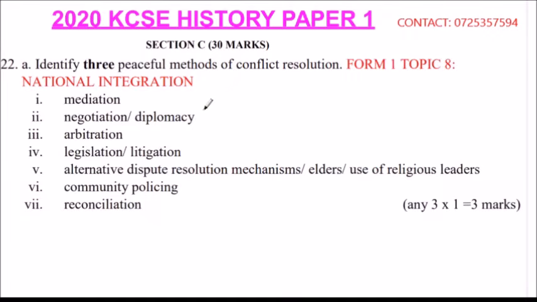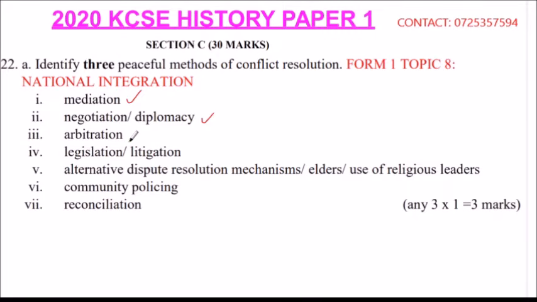So we can say mediation, like what happened in Sudan, Southern Sudan, before they were given independence. So there was mediation. Negotiation and diplomacy. Sometimes you send people to go and negotiate for peace.